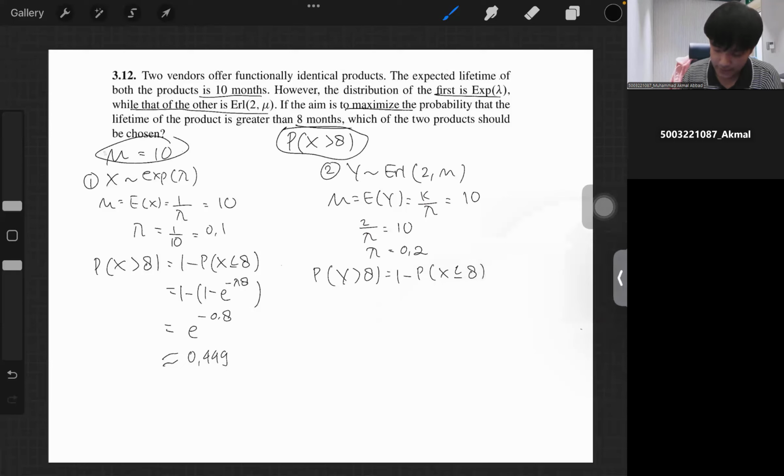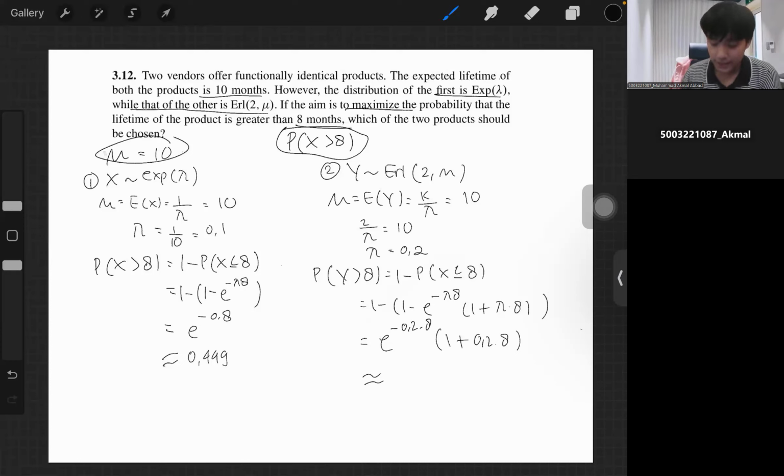For the Erlang distribution, this is 1 minus (1 minus exponential of minus lambda times 8 times (1 plus lambda times 8)). So the probability is the exponential of minus 0.2 times 8, times (1 plus 0.2 times 8). We can calculate this, and we get that the probability that the lifetime of the second product is greater than 8 months is 0.55.